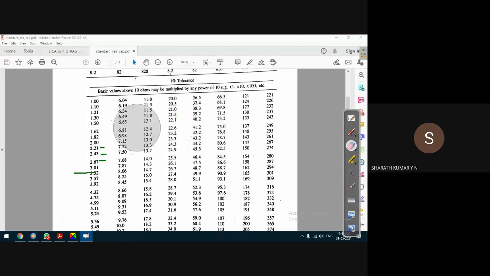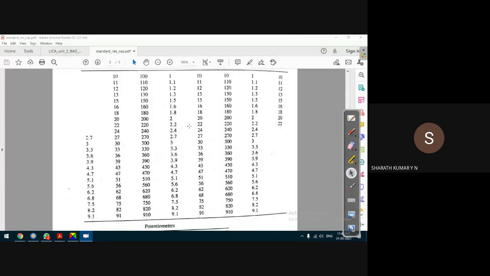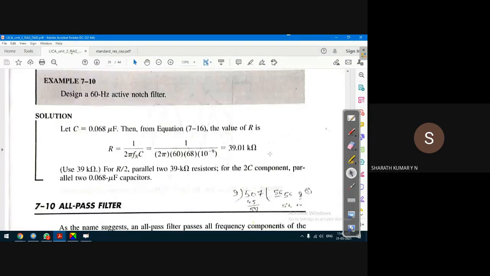So you've got a wide range of values under 1% tolerance. If you go for 5% tolerance, there are slight fractions, not as many as in 1% tolerance, not as few as in 10% tolerance. Okay, so what was the value? The resistor value is 39.01 kilo ohm.